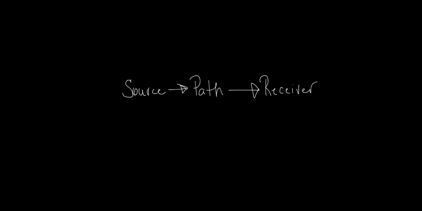Now that we have our sources of sound and attenuation defined, we must plot the path of sound to the perceiver of sound. This is the basis of the source path receiver process.